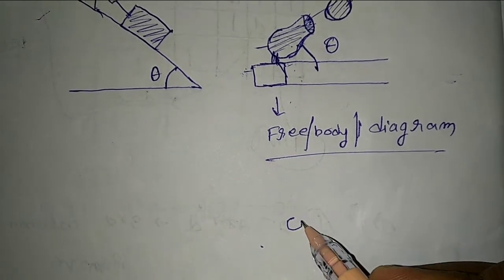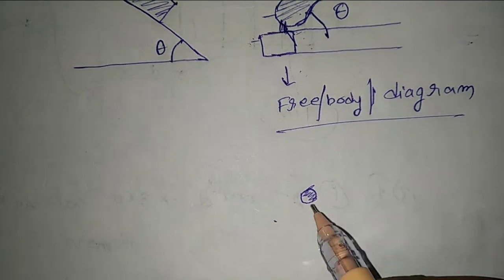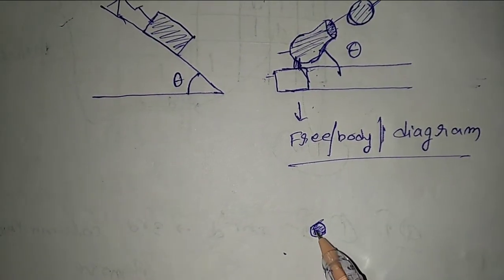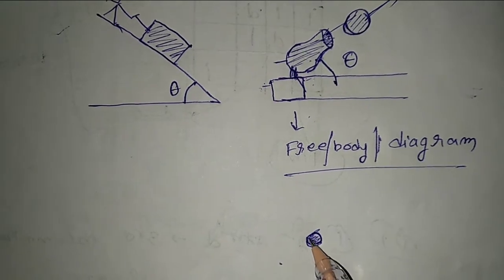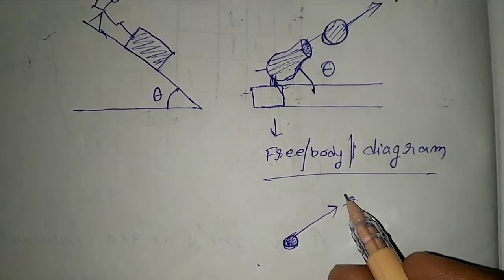Now you have to obtain the components. So v is along here.